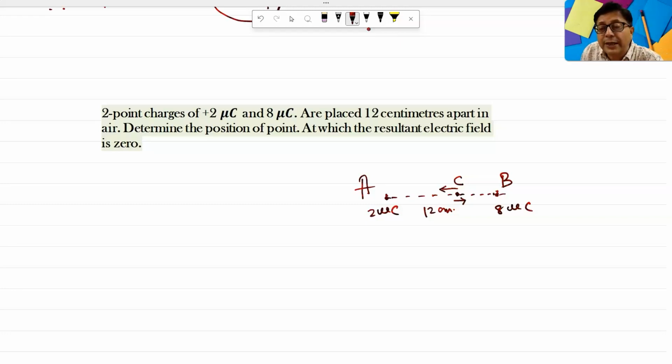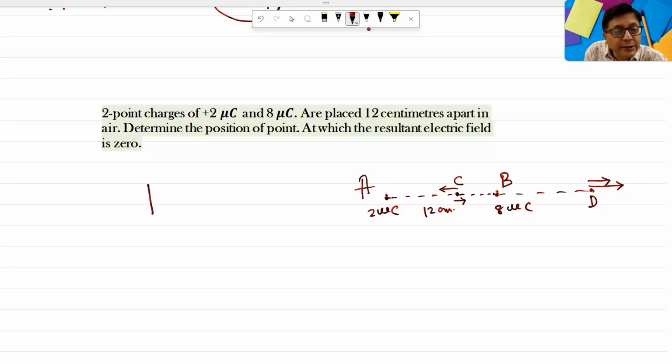Can the point lie outside? Just think analytically. Let the point be D, outside the line segment joining these two. 2 mu c will repel the unit positive charge outward. 8 mu c will also repel the unit positive charge outward. So the strength of the electric field at D can never be equal to 0.